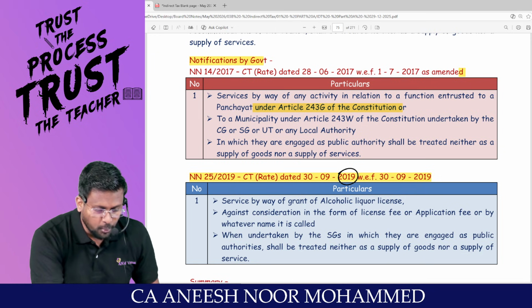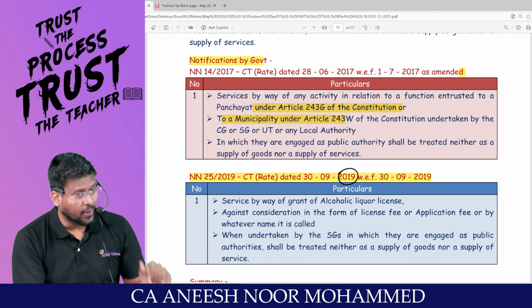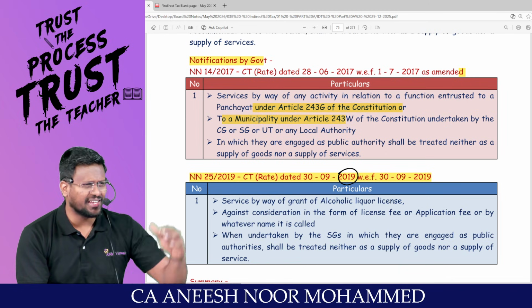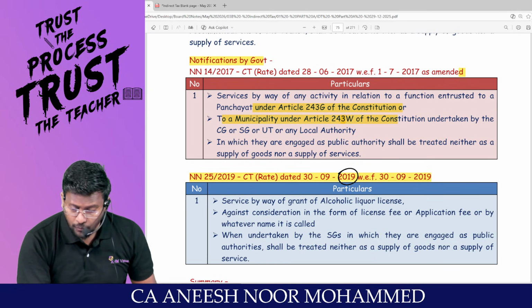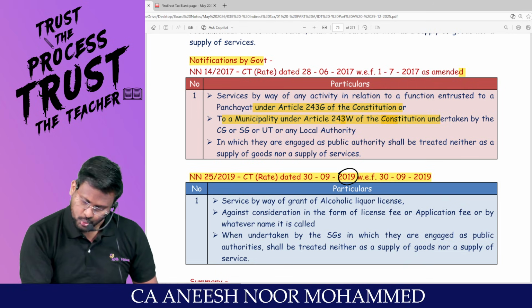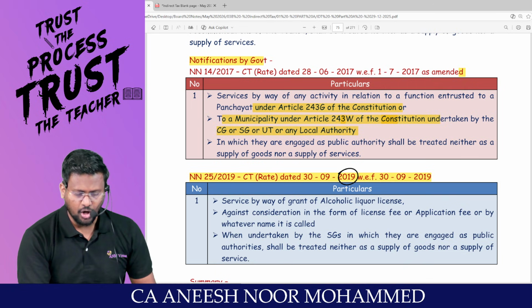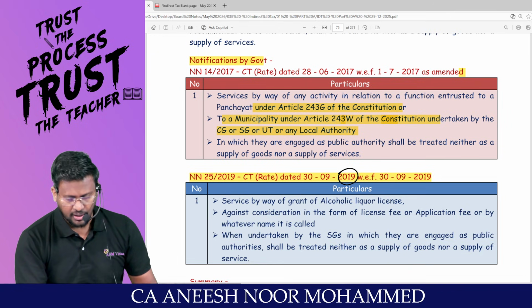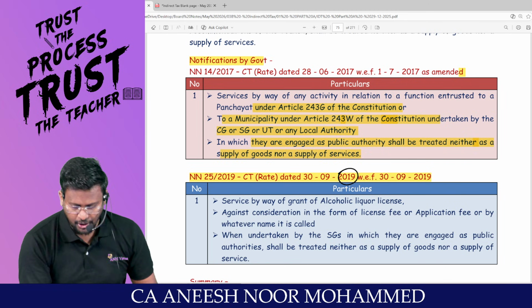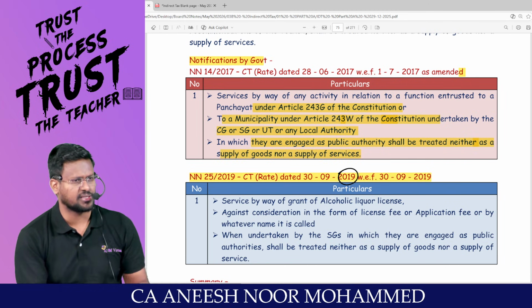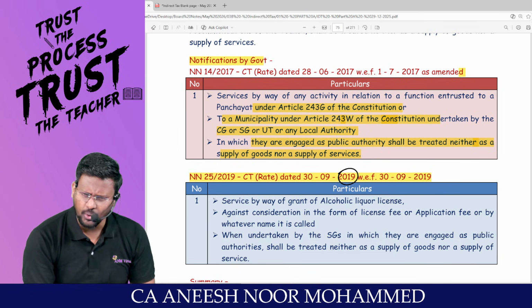Number two, a municipality. You are not a panchayat, you are a municipality. Greater Chennai Corporation is a municipality. Under Article 243W of the Constitution, activities undertaken by the Central government, state government or local authority, in which they are engaged as public authority, shall be treated neither as supply of goods nor as supply of services. Am I right? Are you all really with me?